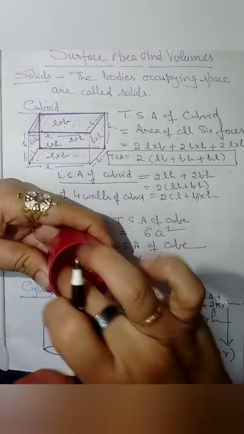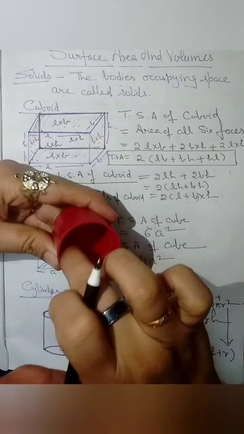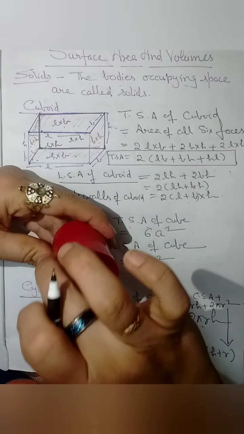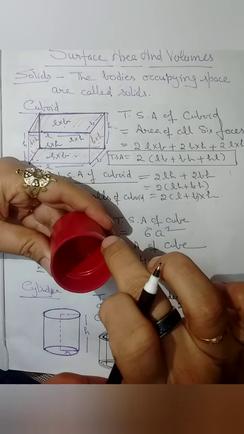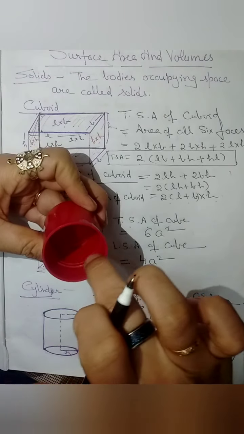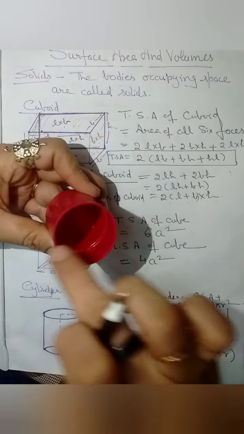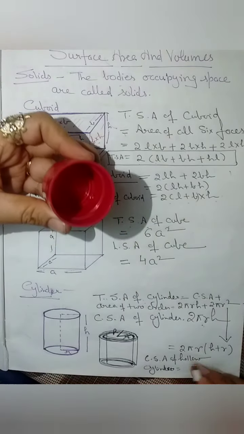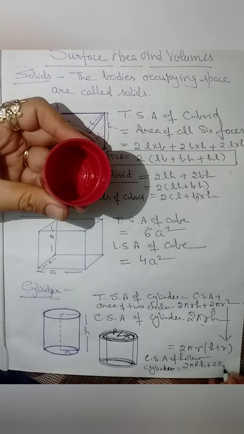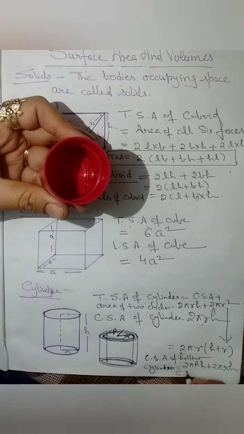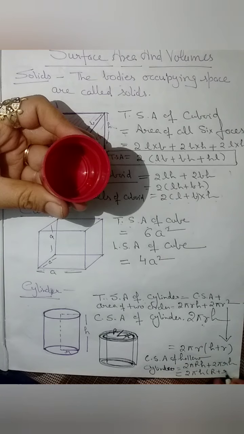One is inside this and one is outside this. So CSA of hollow cylinder will be 2 pi. For outside face, we use the capital R radius, and for inside we will use small r. So 2 pi capital R h, and for inside 2 pi small r h. It will be 2 pi capital R h plus 2 pi small r h. If you take out common, 2 pi h will be common, (R plus r).